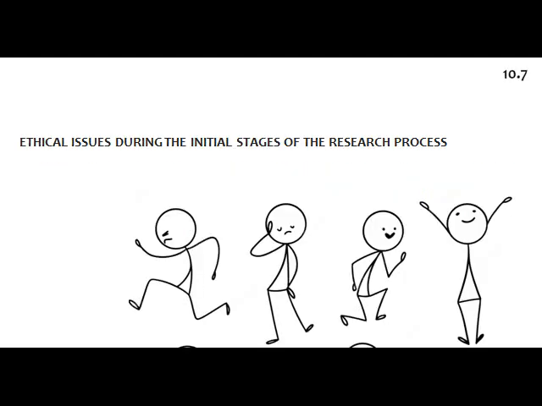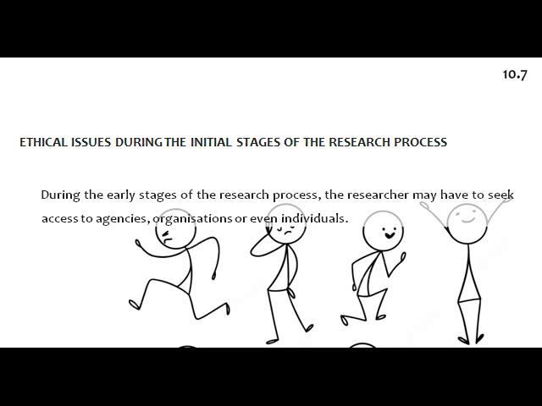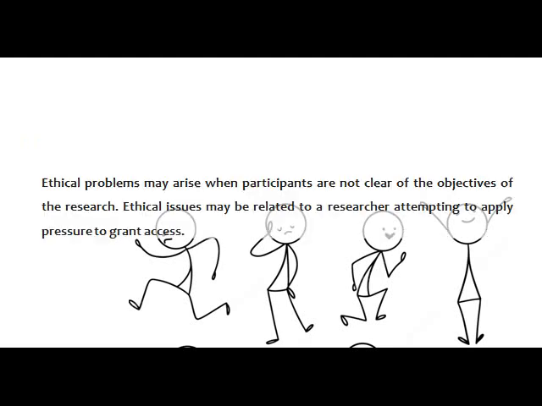Ethical issues during the initial stages of the research process. During the early stages of the research process, the researcher may have to seek access to agencies, organizations or even individuals. Ethical problems may arise when participants are not clear of the objectives of the research.